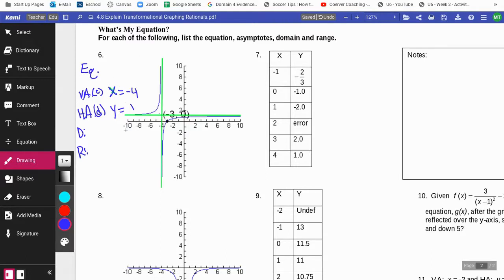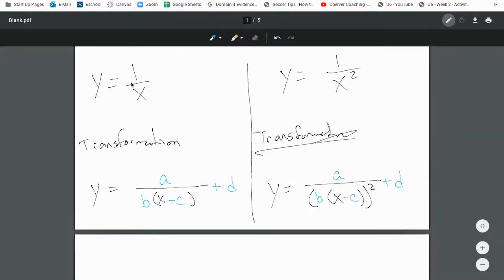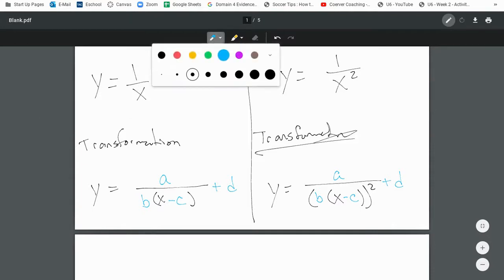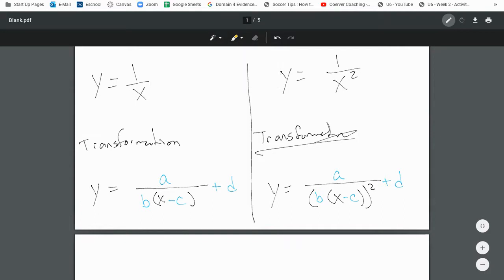So in my equation, remember we talked about this, I'm dealing with y equals 1 over x, because this is what my graph should look like. So if I'm dealing with this, my graph should look like that in opposite quadrants, or like that. They're still in opposite quadrants, right? So I know I'm dealing with this as a parent function. So I just need to find the A, C, and D value.